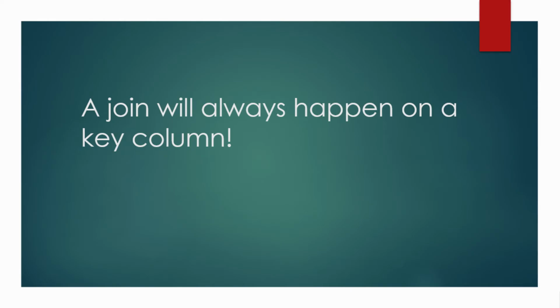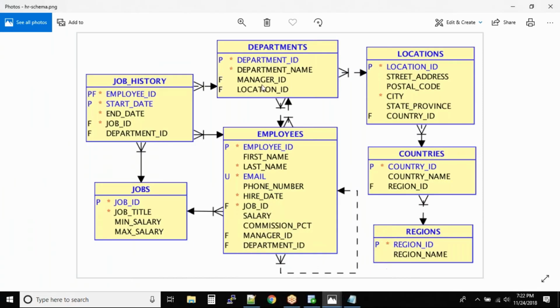So the join will always happen on a key column. This is one of the main points that you need to remember. So when you try to join two tables, how would you join? There should be a key column, a linking column that binds those two tables. So if you see our data model, these two tables are bound by the department ID.